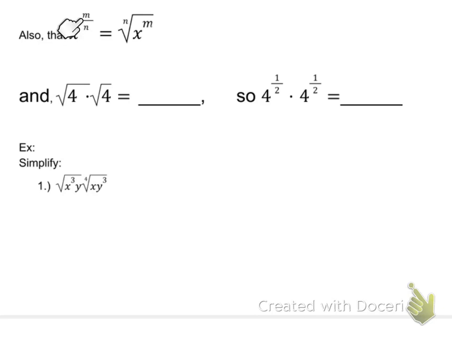Remember that anytime you have a rational exponent, you can change it to radical form. Exponential form, radical form. I know you guys can reverse that. You can say radical form, exponential form. Okay? So make sure you guys know that.